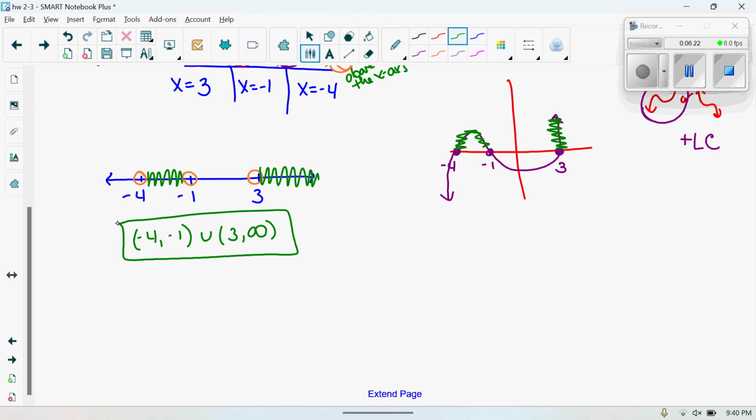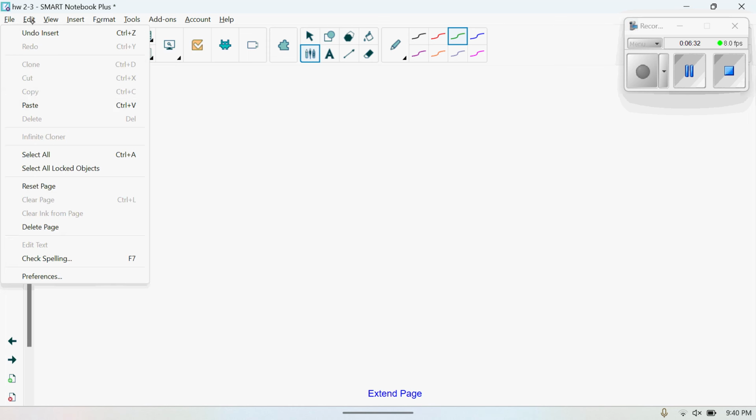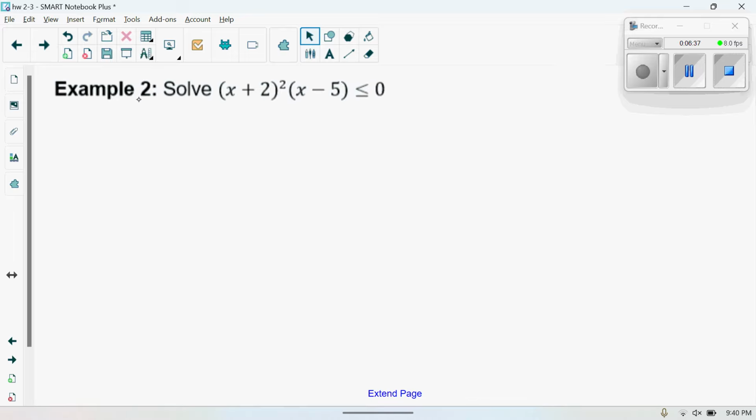So let's take a look at one more together. Okay. So step 1 would be to factor. It's already in factored form, so I'm going to go right ahead and tee off.